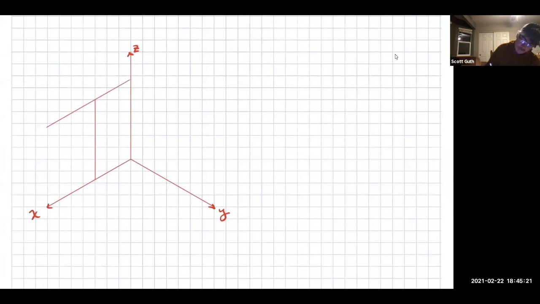I want to try and make this look good, so I'm being a little careful. That's a rectangle in the XZ plane. And I'm going to draw another rectangle in the XY and YZ plane.